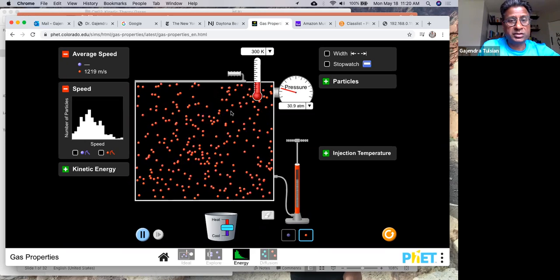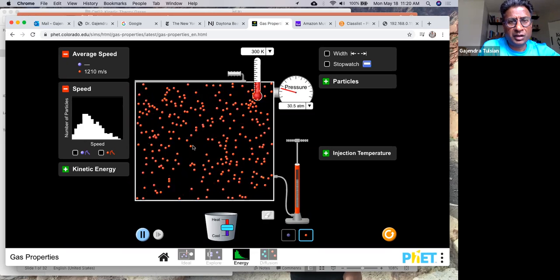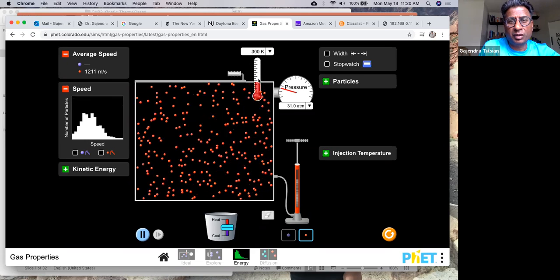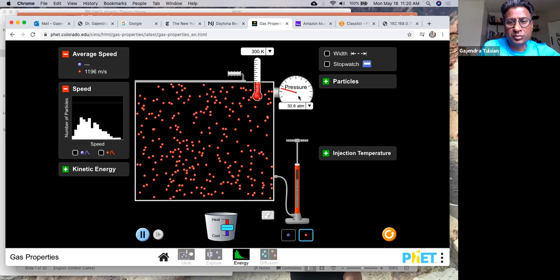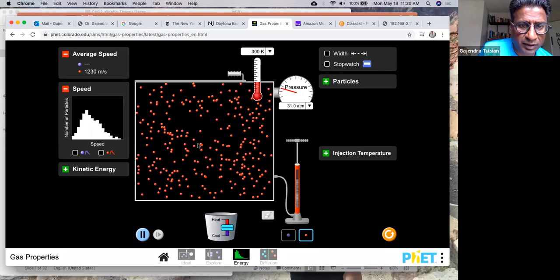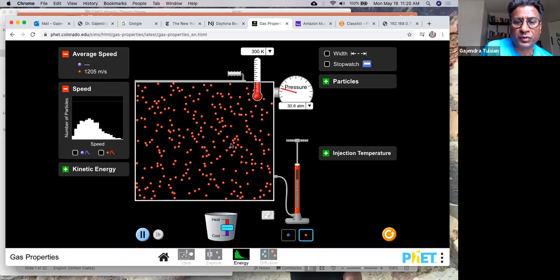So we're going to relate the kinetic energy of a tiny molecule to the temperature and pressure, which are measured using macroscopic instruments. That's what this chapter is about: relating microscopic quantities to macroscopic quantities.